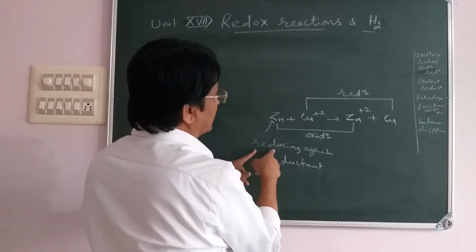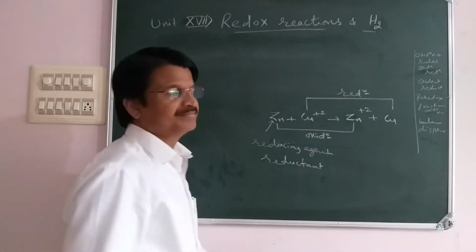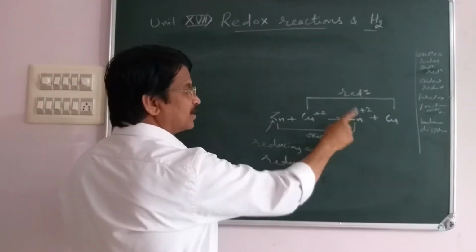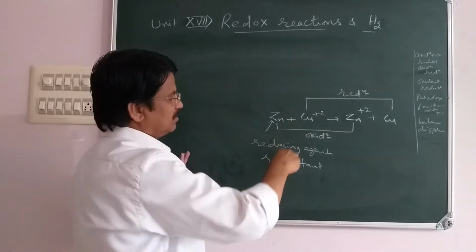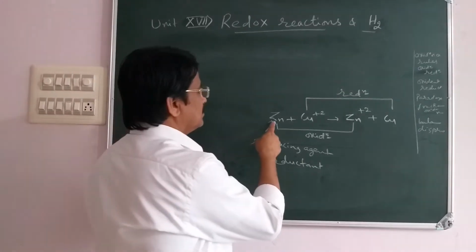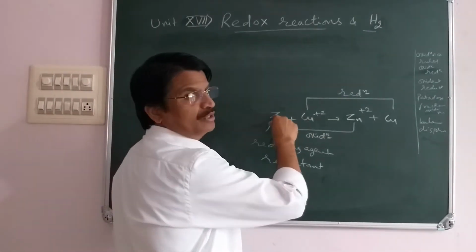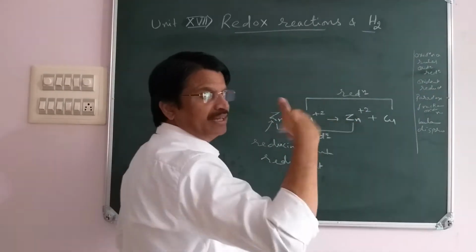Reducing agents are reductants; they reduce others, but themselves undergo oxidation. Hence they are called reductants. Zinc can act as reducing agent for copper plus 2 to copper, because zinc donates electron and copper gains electron.